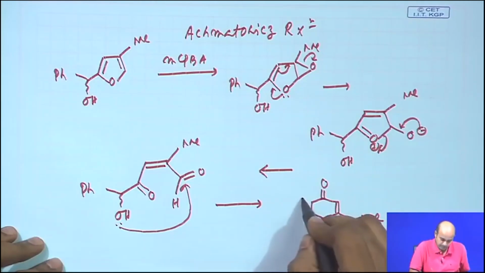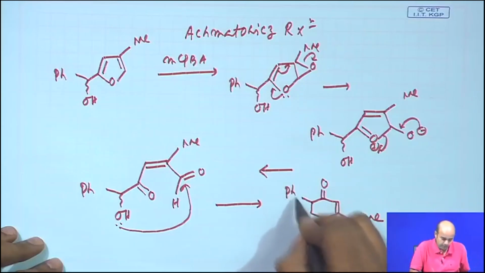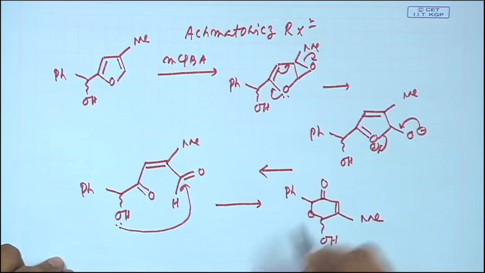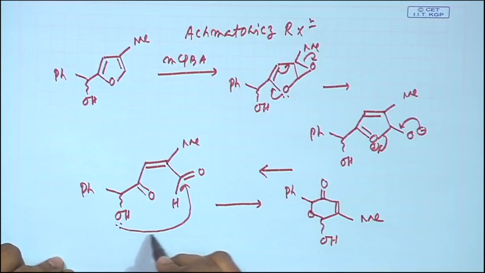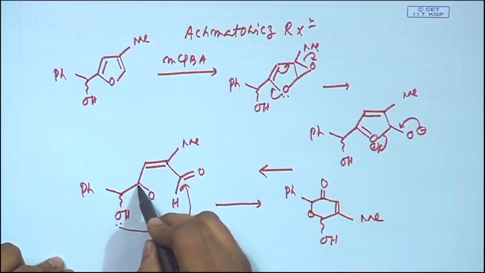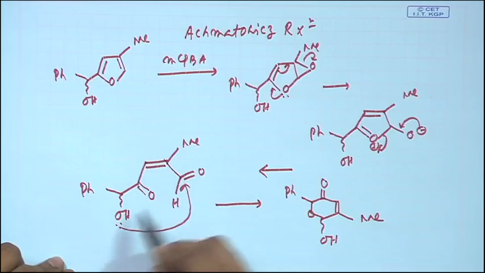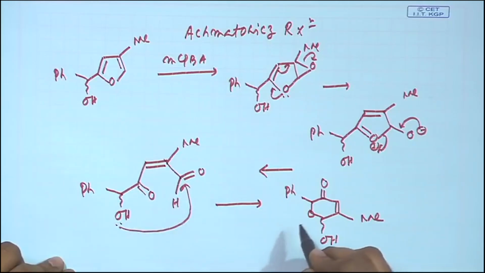It is a very important transformation in the whole pathway. So, you try to attack there. Now, see 1, 2, 3, 4, 5, 6. So, this way you are getting a 6 member ring.